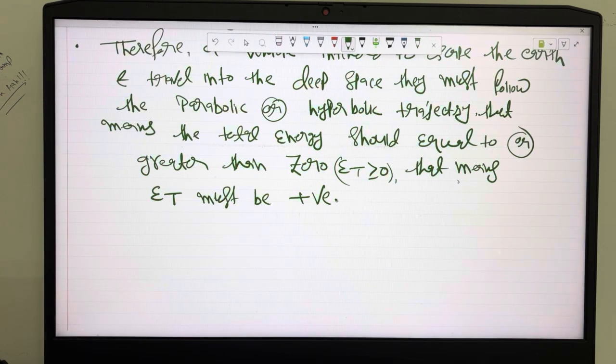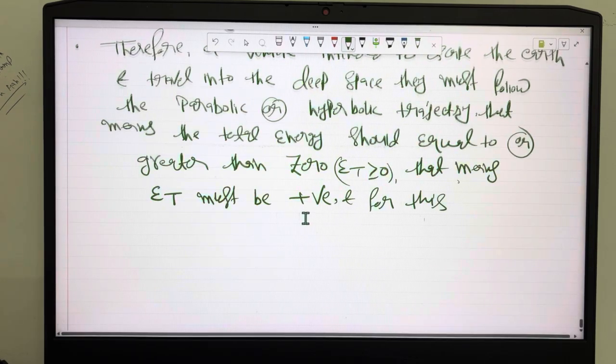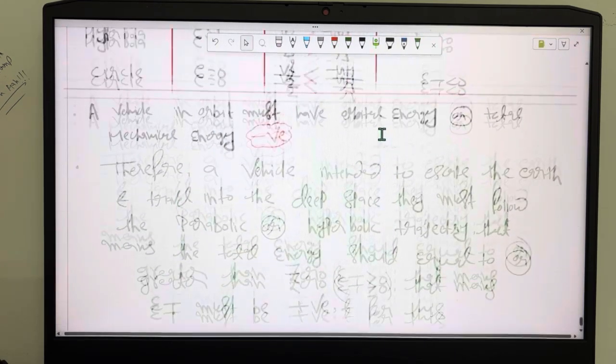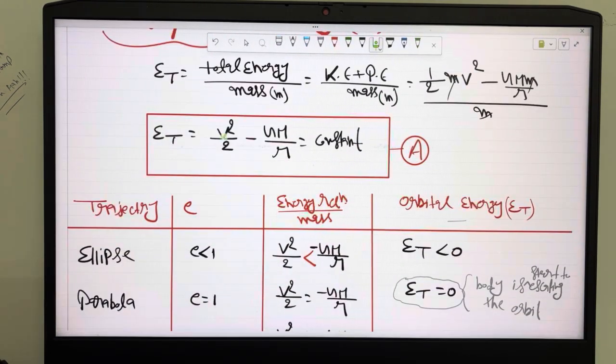And for this, see, if you want ET positive, then what will we do? We have to increase the kinetic energy compared to the potential energy.